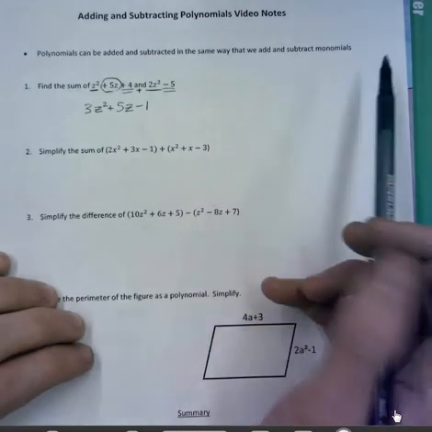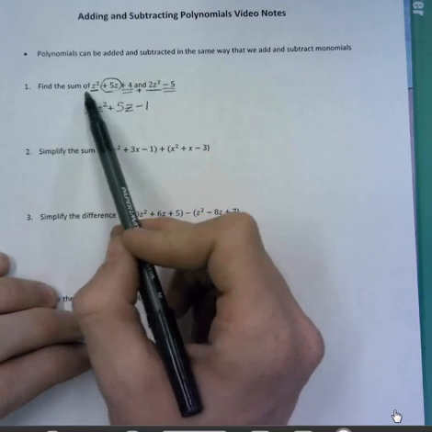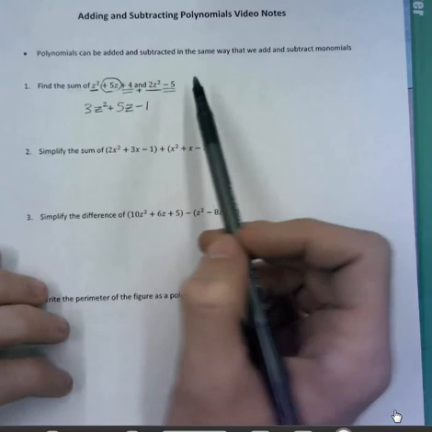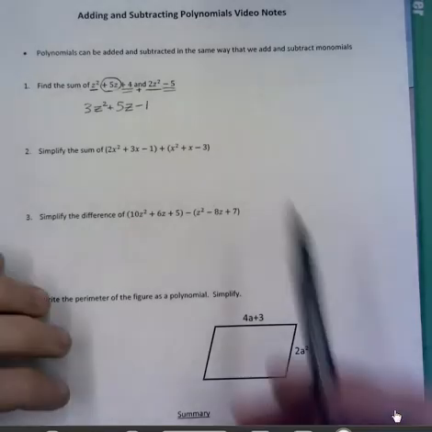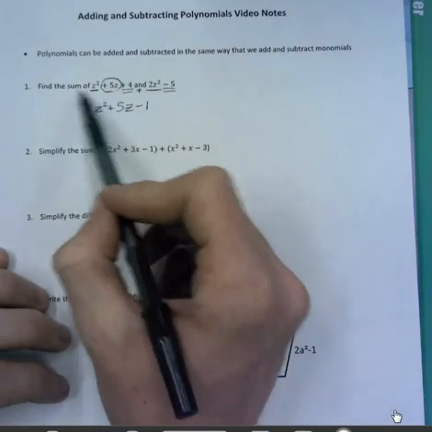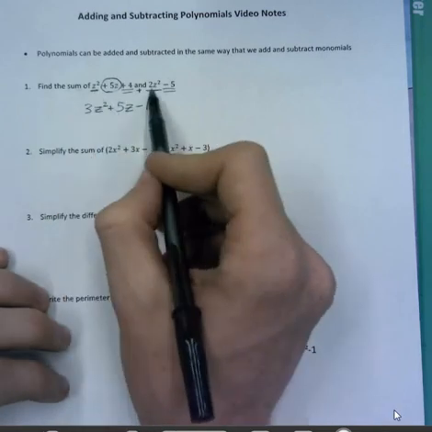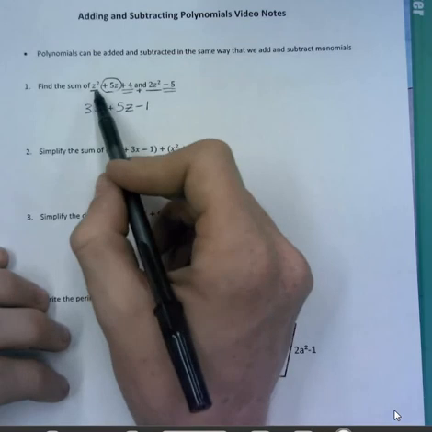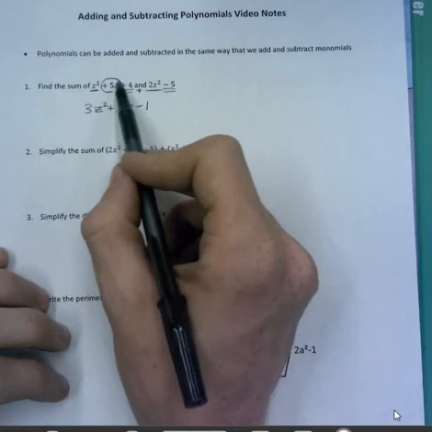Okay? So the only thing we have to note here is when we have to find the sum of two polynomials, you guys have already combined like terms for much of the year. All we're doing is combining our like terms. So since this is finding the sum, we're going to add these two polynomials. 1z squared plus 2z squared is just 3z squared. You may not combine your z squared terms with your just z to the first power terms.